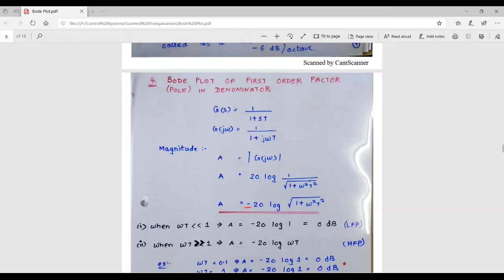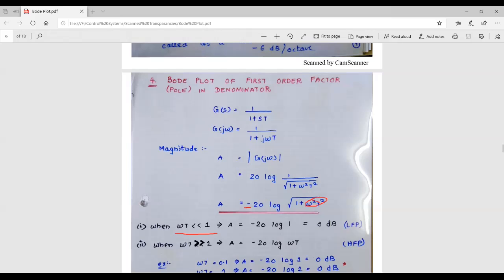Now here onwards, we are going to have an approximation. Suppose this value, omega square T square, is less than 1. First case, this value is less than 1. What is this going to be? Minus 20 log of under root 1, because this portion will be negligible with respect to 1.